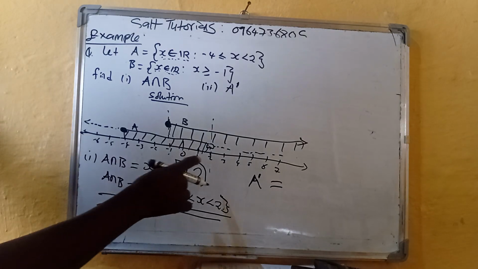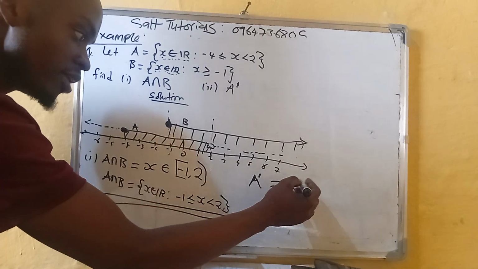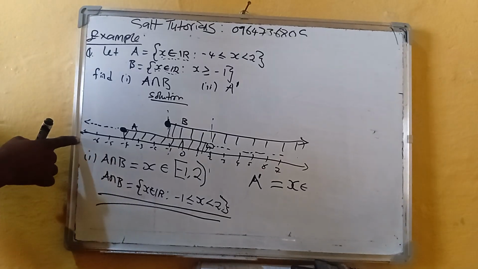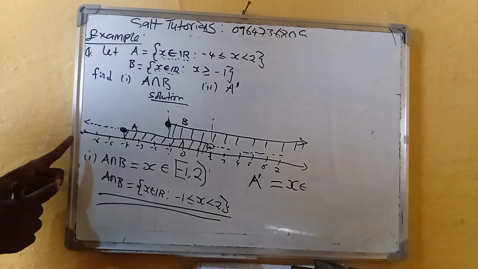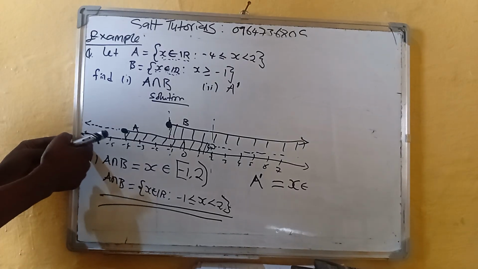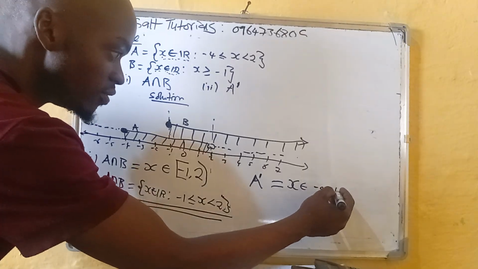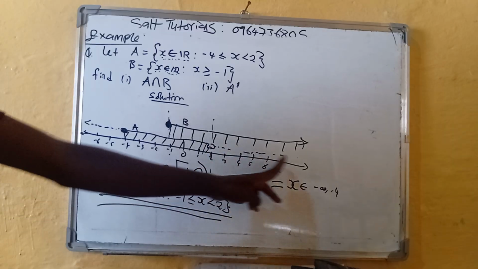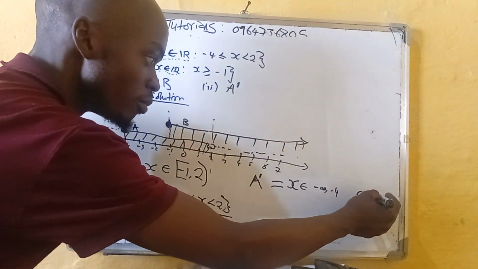So A complement is made up of X a member of the interval from -infinity to -4. An interval always starts from the smallest, and the smallest is -infinity. So it means -infinity, -4. And I also have from 2 going to the right, to +infinity.